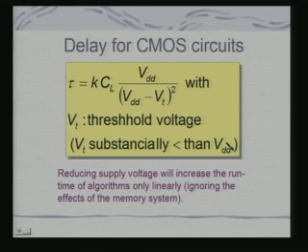Obviously, what it shows you is that reducing supply voltage will increase the runtime of algorithms only linearly, because tau is linearly dependent on VDD. And if Vt is very small, it becomes an inverse relationship, because effectively it becomes VDD square.